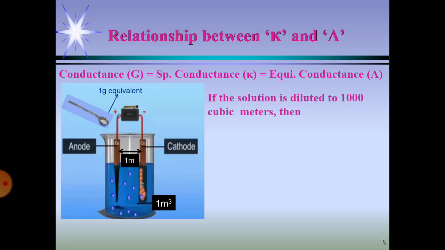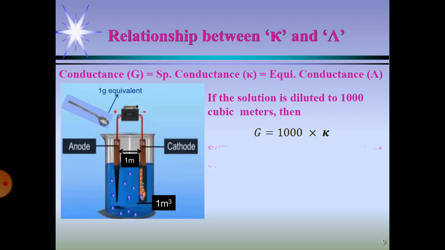Suppose I dilute the electrolyte to 1000 cubic meters, then the conductance G is equal to 1000 into kappa, where 1000 is the volume I now have between the two electrodes. So, if I go on diluting, the G value will also be multiplied that many times of dilution into the specific conductance kappa.